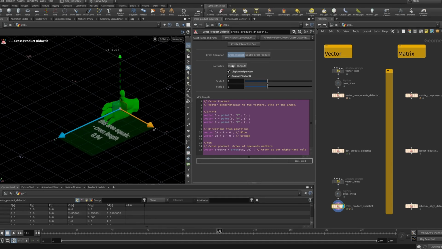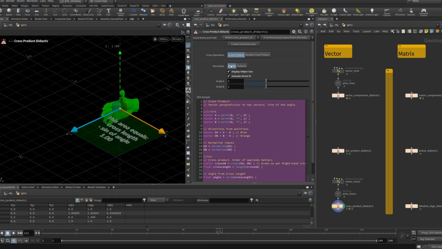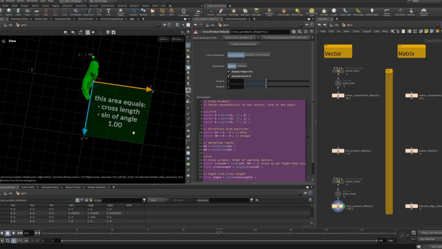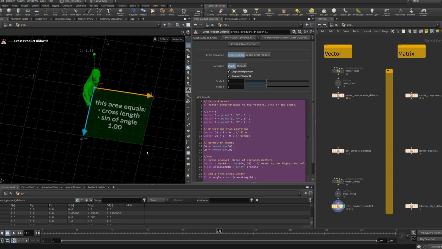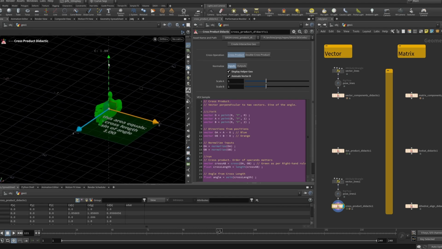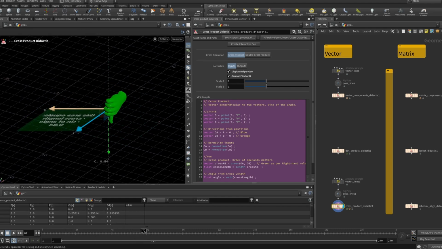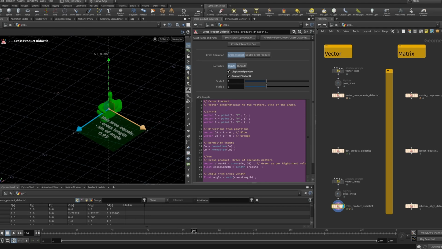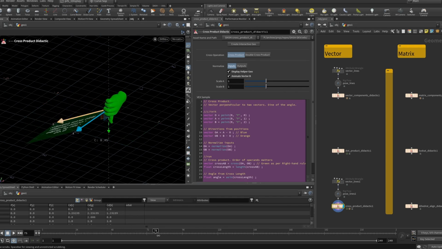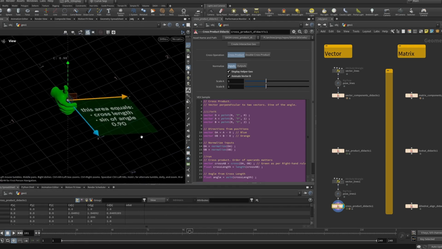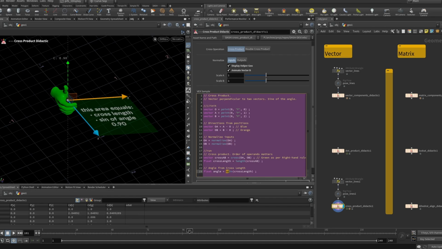Now, if I normalize both inputs, meaning make A and B have length 1, what happens is that the area of this parallelogram, or the length of the cross product, will be equal to the sine of the angle. So with the dot product, we got the cosine of the angle. With the cross product, we get the sine of the angle. And so here you can see that using the function arc cosine, we can also get the angle between the two vectors.